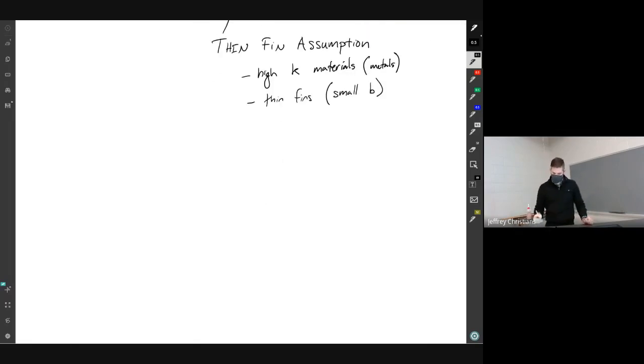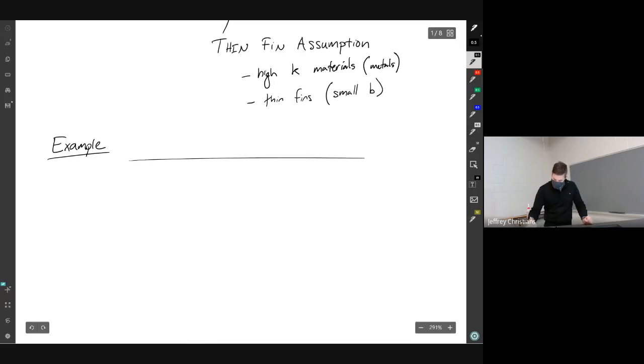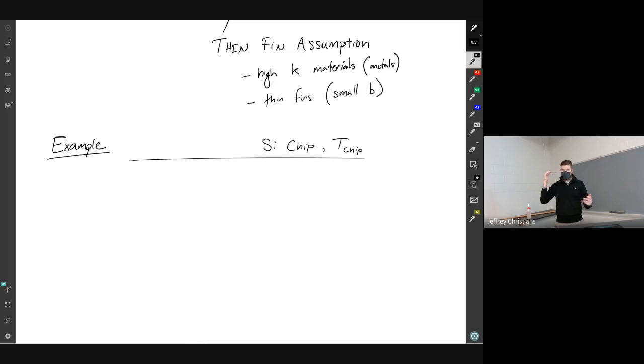Let's say, for our example, we have a surface here, which is a silicon chip, and the temperature of our chip, we're trying to design it so that it's not greater than 70 degrees. So we'll do our analysis at exactly 70 degrees.